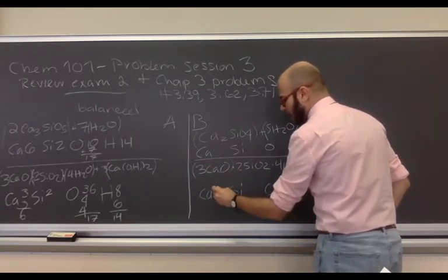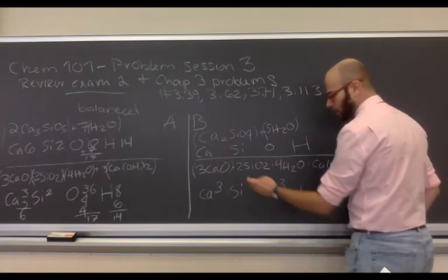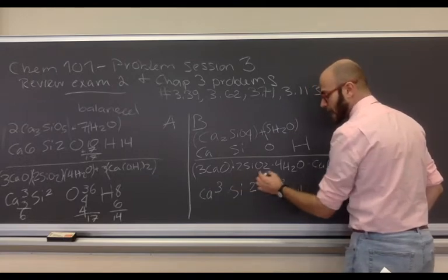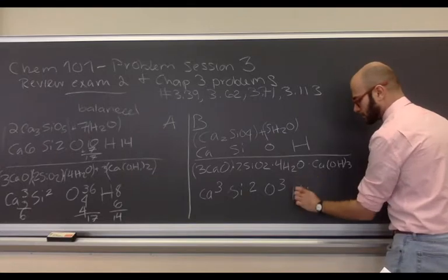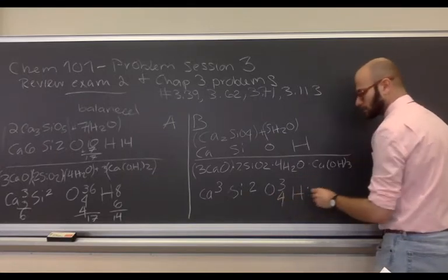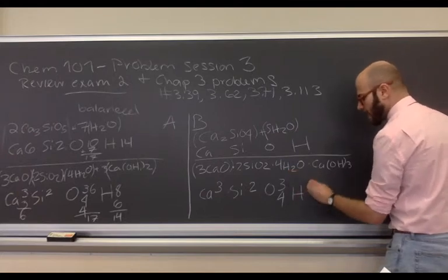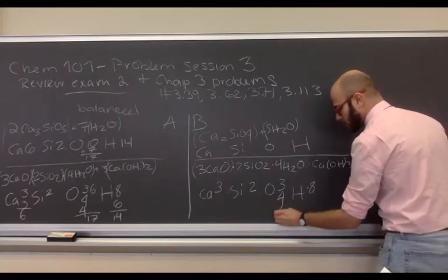We're going to have 3 of our calcium and 3 of our oxygen. We have 2 silicon, and we have 2 times 2 oxygen, or 4. And then that's oxygen down here. And then we have 4 times 2 hydrogen, or 8, and then 4 more of these oxygens. That's a 4 I'm supposed to write.